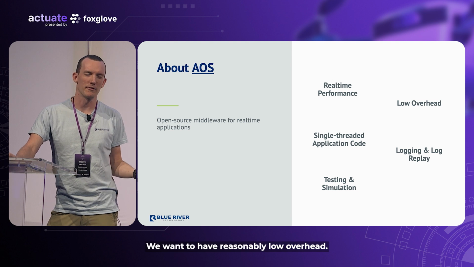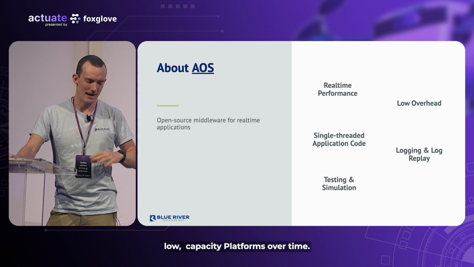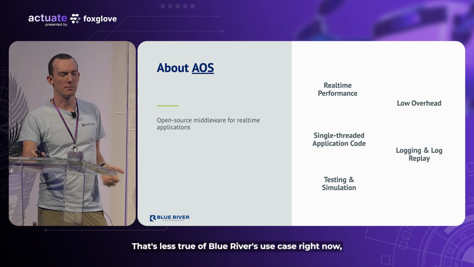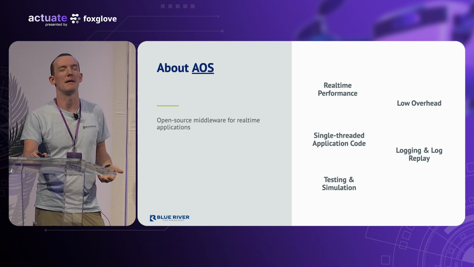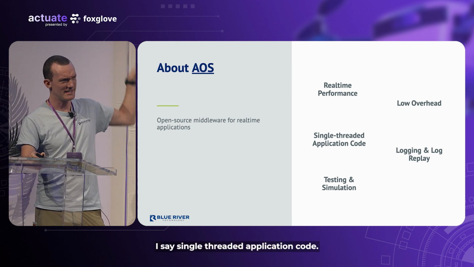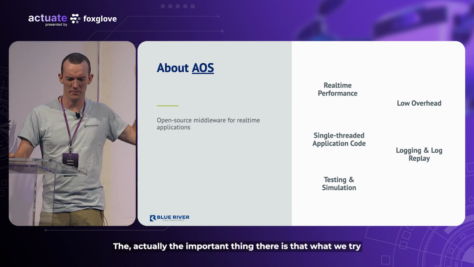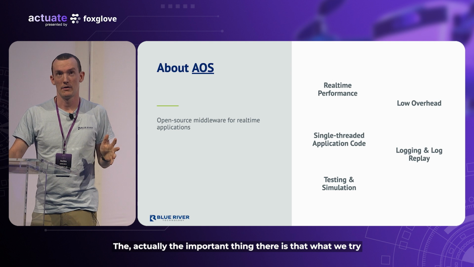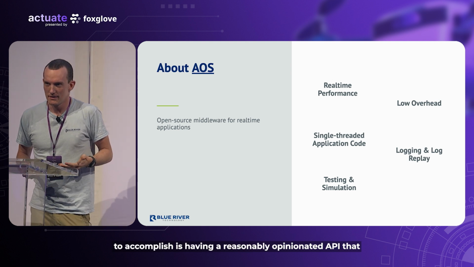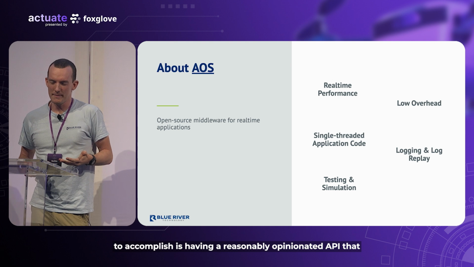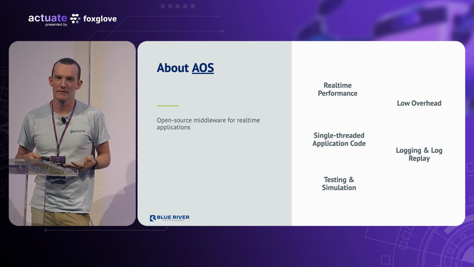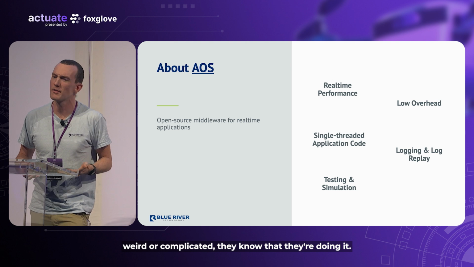We want to have reasonably low overhead. We've worked on some pretty low capacity platforms over time. That's less true of Blue River's use case right now, but that's something I've seen in other situations. I say single-threaded application code. The important thing there is that what we try to accomplish is having a reasonably opinionated API that makes it so that if developers are going to do something weird or complicated, they know that they're doing it.